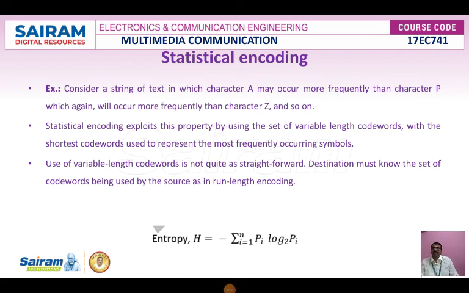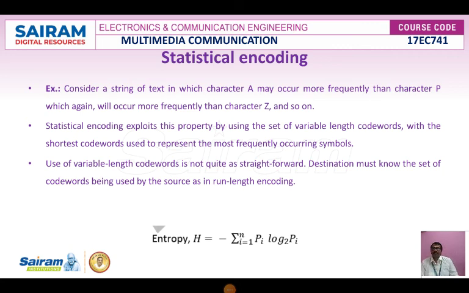The efficiency of a particular encoding scheme is often computed as the ratio of the entropy of the source to the average number of bits per code word that is required with the scheme.